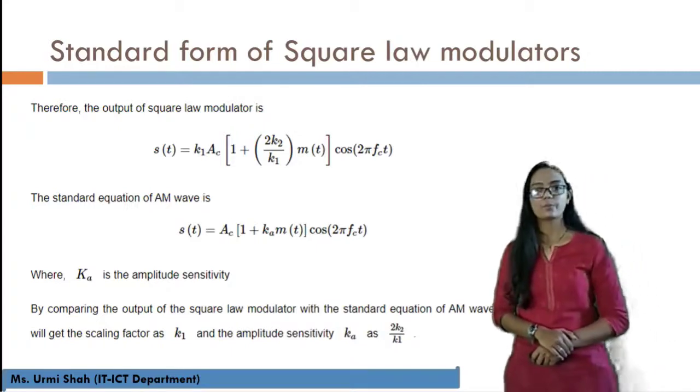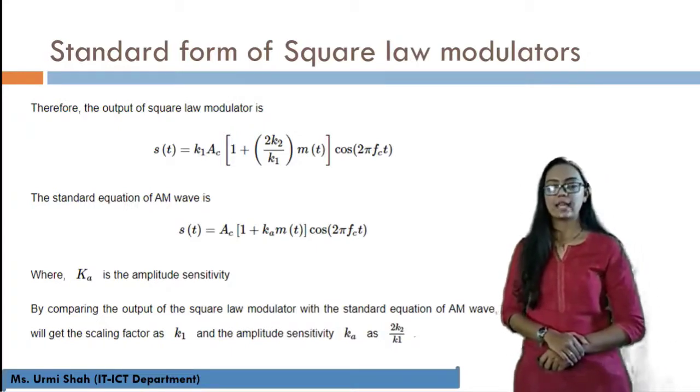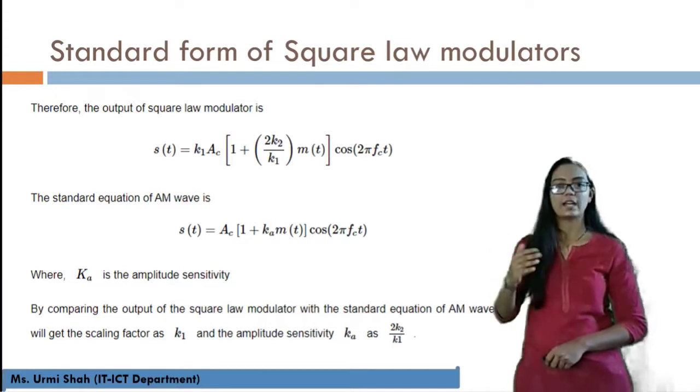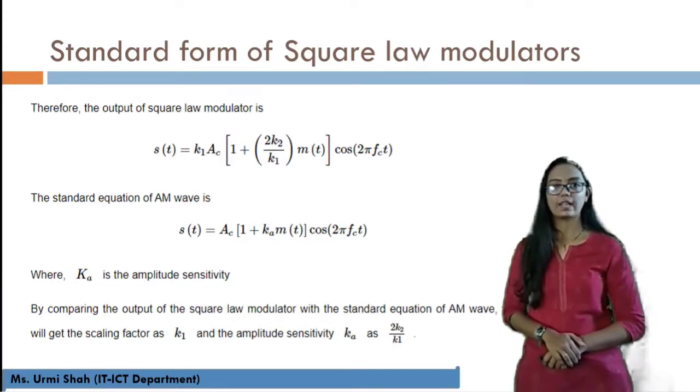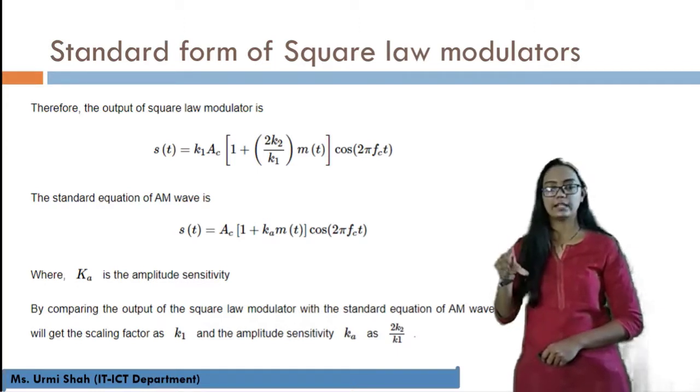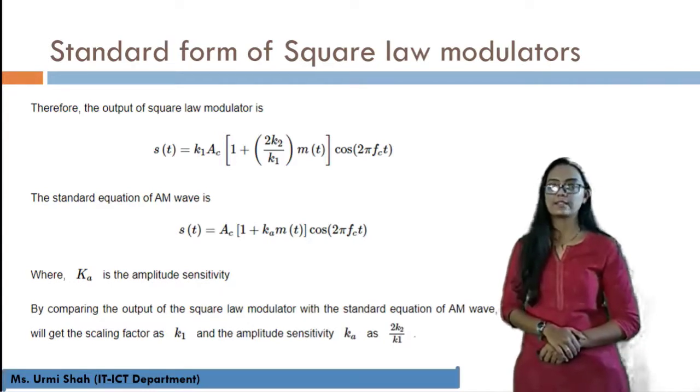Now all of you know that Ka is the amplitude sensitivity, once we take 2K2 by K1 as Ka. So this is a term which is related to the constant amplitude sensitivity associated with the amplitude modulated signal.